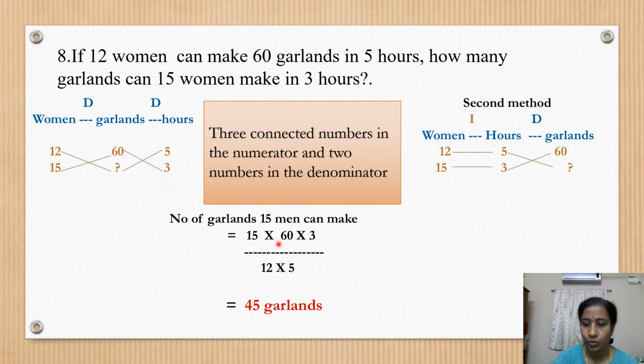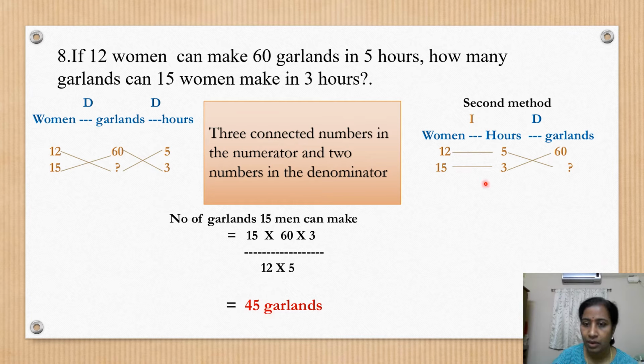So these three numbers will come in the numerator and the two numbers, 12 and 15, will come in the denominator and you get 45 garlands. I repeat, the three connected numbers in the numerator and the two numbers in the denominator.